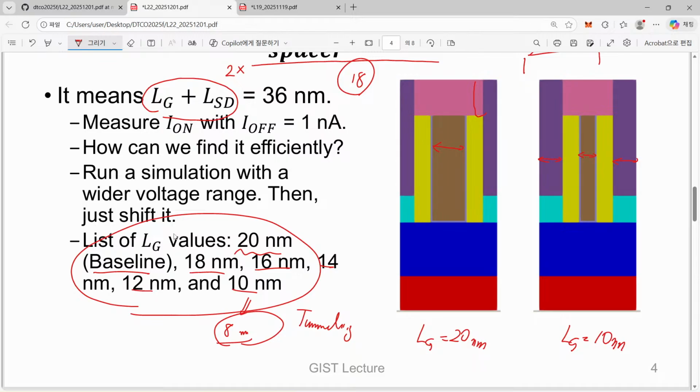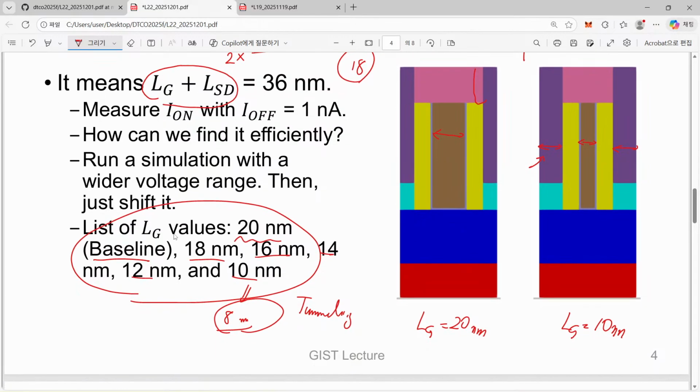If the source and drain region resistance becomes a big problem, then certainly this will be beneficial to reduce source and drain resistance. But in this example, mainly the current is determined by the channel.